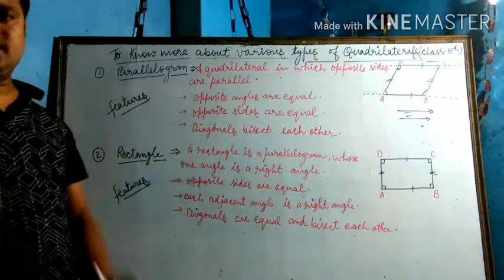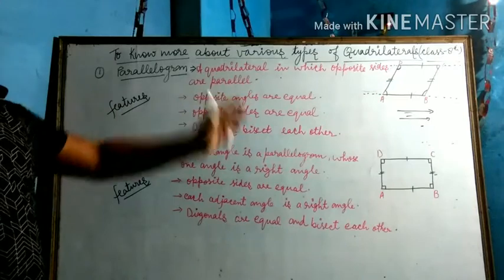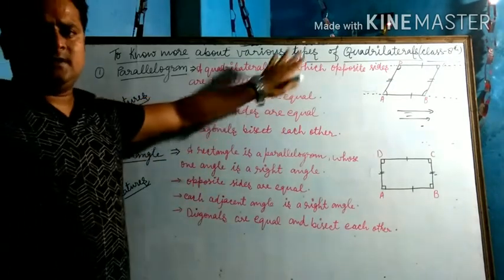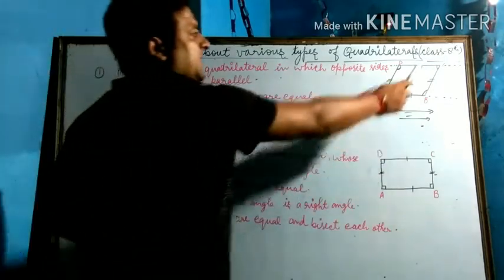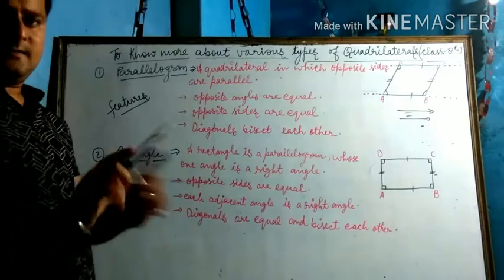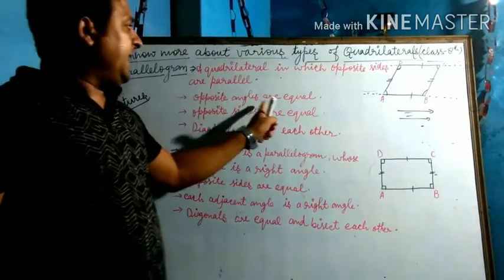Opposite sides are equal. This is one feature, and it is included in the definition. It is not only the definition but also one feature. Opposite sides, this one and this one, this one and this one, are parallel, and opposite angles are equal.